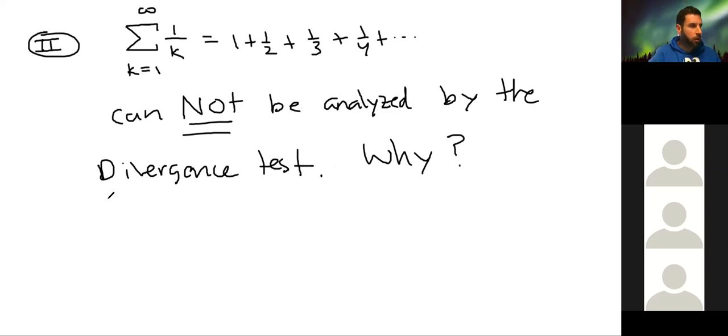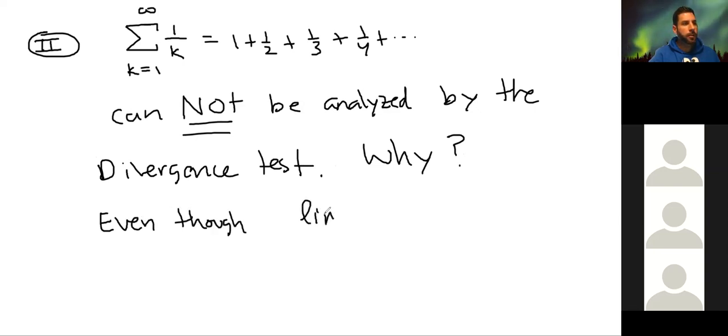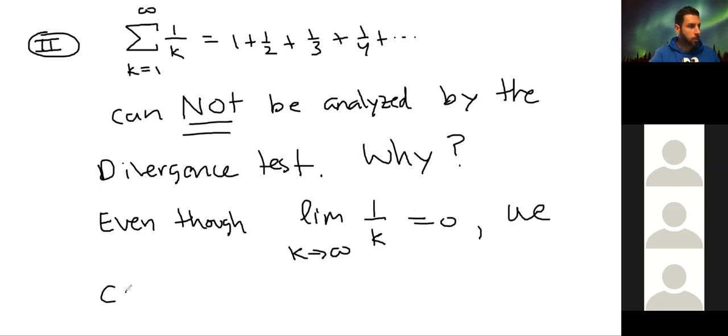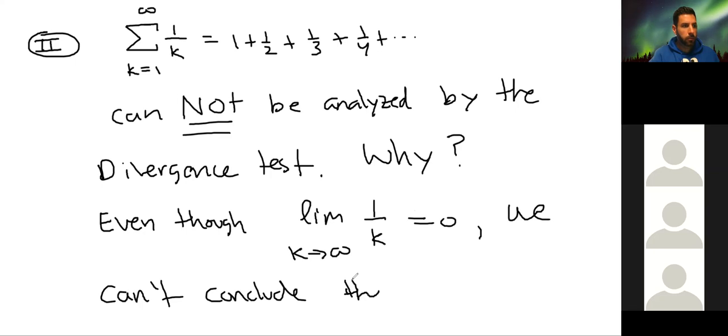So even though this limit of the terms, even though this guy is equal to 0, we can't conclude the series converges. We just can't.